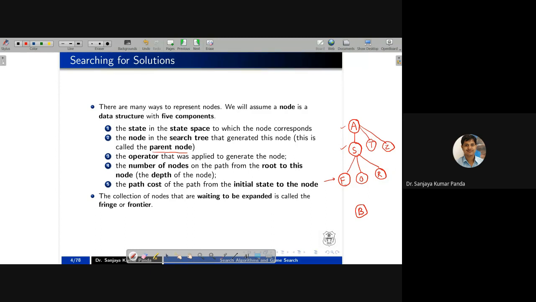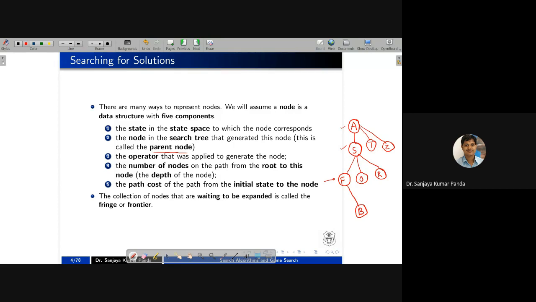If you explore F, and B is the neighbor city, you have to again pay some cost to reach from F to B. That's why we are calculating the path cost. A path should not be an infinite path; it is a finite path. So we want to see what cost you have incurred to reach that particular point.